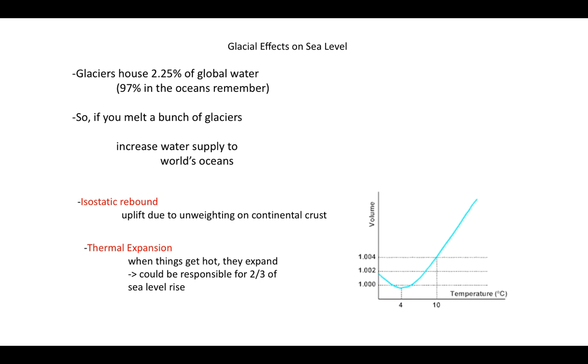And when it gets cold, it's going to contract. And once again, if it doesn't have the room to contract, it's going to break apart. So when we look at glaciers melting and retreating, not only do we see the isostatic rebound, but we also see thermal expansion. And that can be responsible for sea level rise as well.